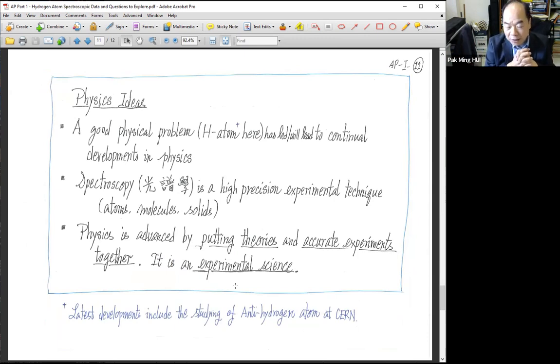So to summarize this part, first of all, even the hydrogen atom, though simple, is a very important question to understand. For those highly motivated students, I would like to encourage you to write for yourself a term paper on the physics of the hydrogen atom.